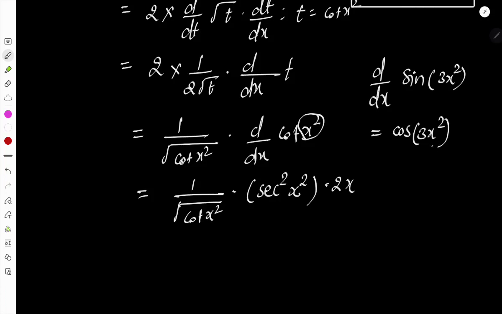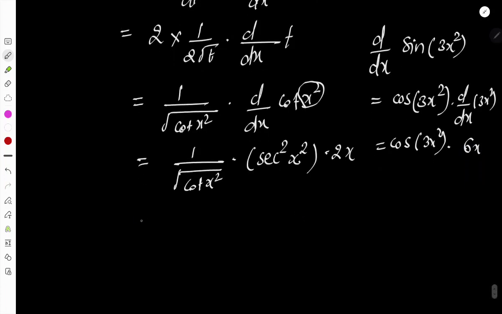If at the place of x it is really something else, then again you need to write the derivative of that thing. So that is cos 3x square into 6x. I hope it is clear now what I am saying here.